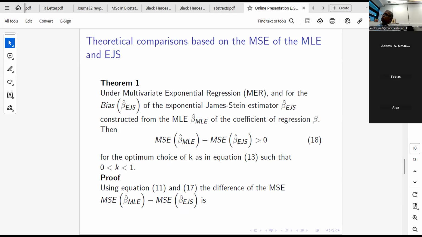So in terms of the bias, the shrinkage estimator, which is the exponential James-Stein estimator, would be biased, and it is this biasedness which actually gives it an advantage of having minimum mean squared error.